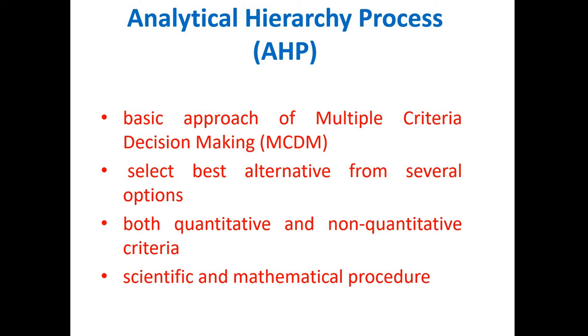Now AHP. AHP is a popular method of making multi-criteria decisions. Several alternatives are compared by AHP considering both qualitative and quantitative criteria. AHP comprises a scientific and mathematical procedure to make complex decisions.